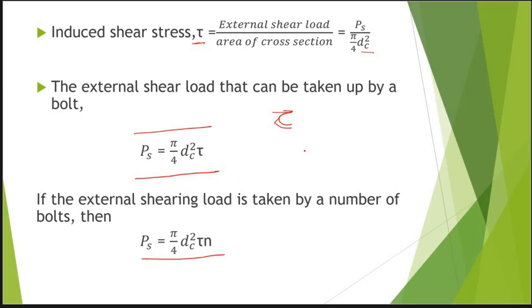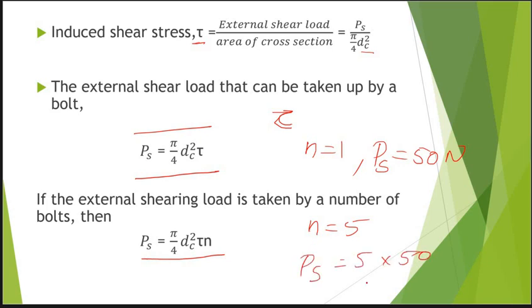Suppose if you are using only one bolt, if n is equal to 1, it may carry 50 Newton. If you are using 5 such bolts, if n is equal to 5, what is the maximum force it can carry? It can carry 5 into 50, total 250 Newton.